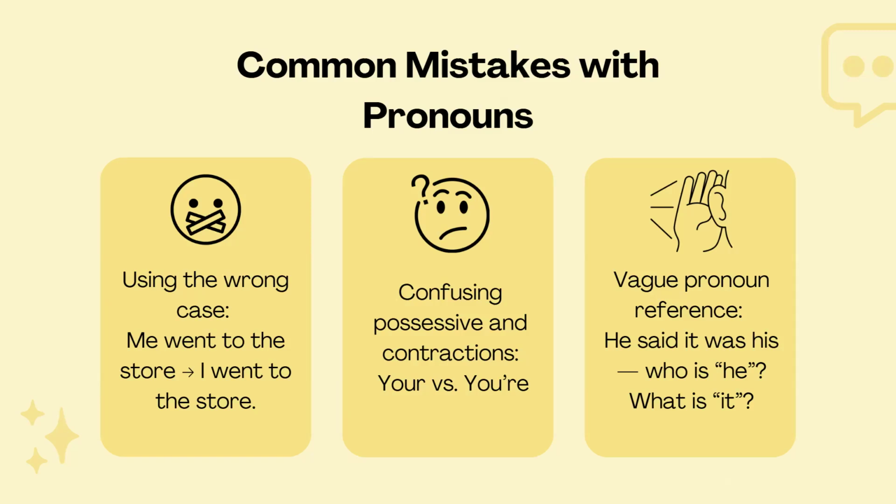Now moving on to vague pronoun references. This is common in both spoken English and written English. Why? Because I will tell you how. He said it was mine. Now who this he is or what it is, we don't know who or what we are referring to, right?